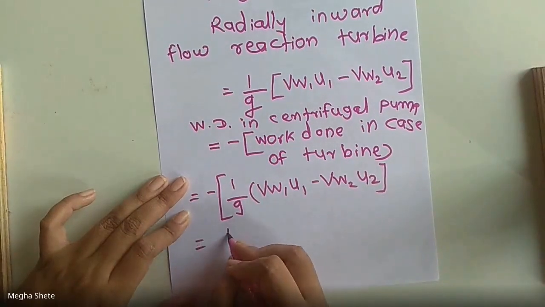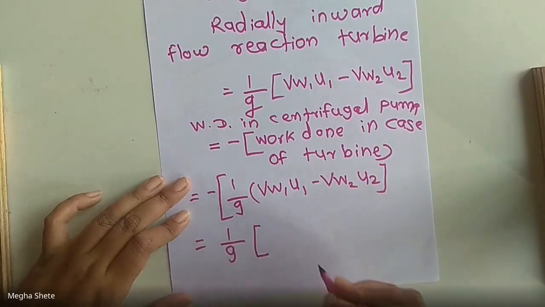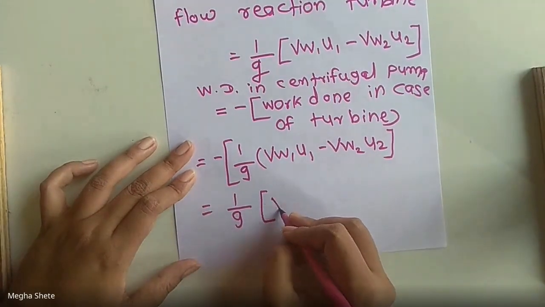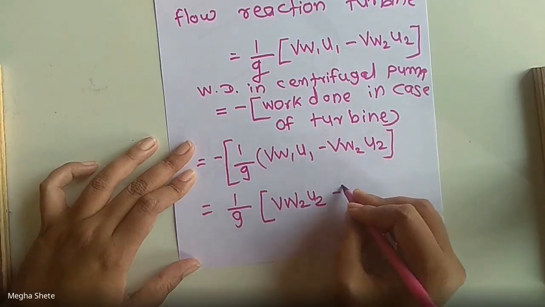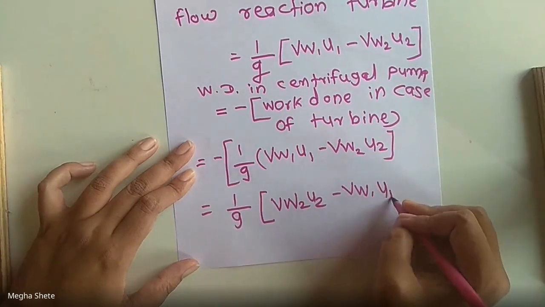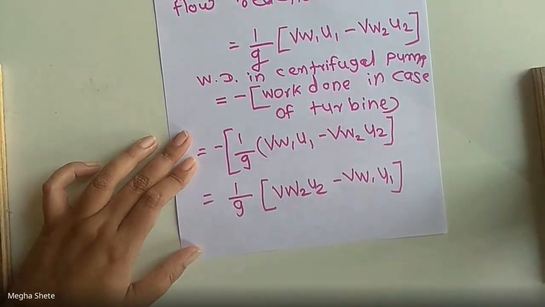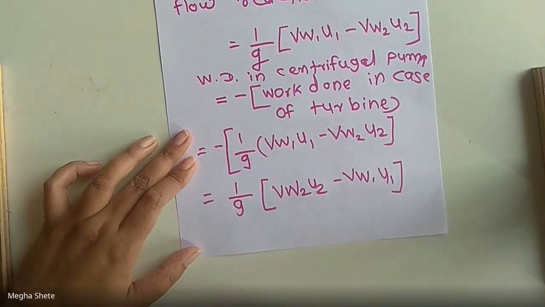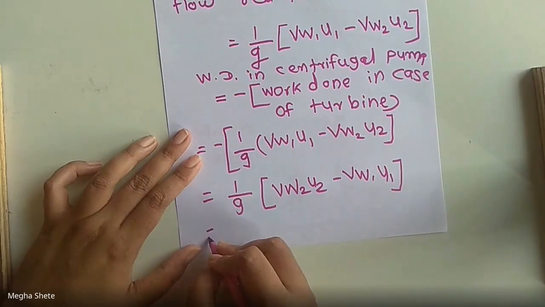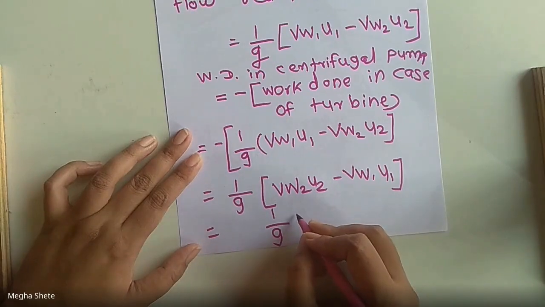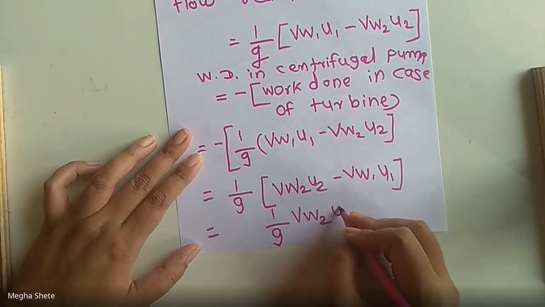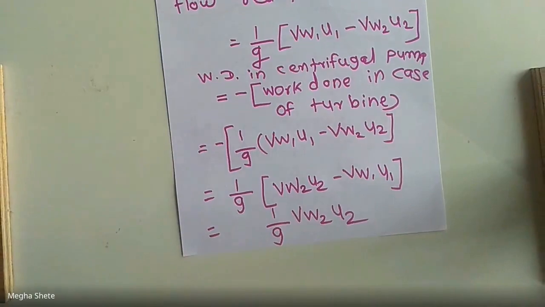That's why it becomes 1 divided by G into bracket VW2 U2 minus VW1 U1. But as VW1 component is equal to 0, it will become 1 divided by G into VW2 into U2.